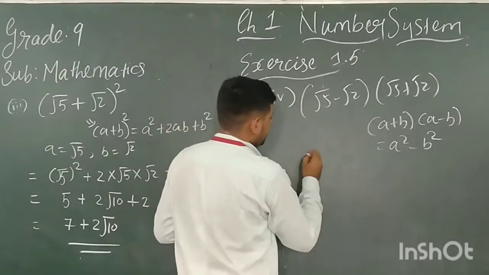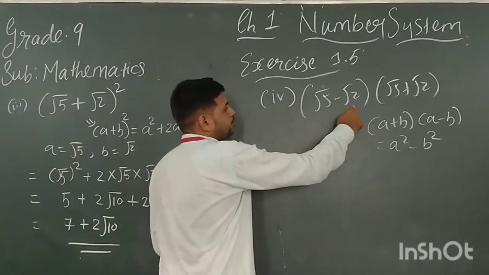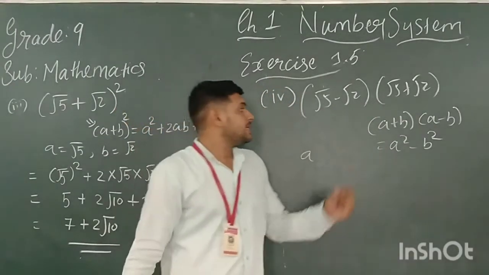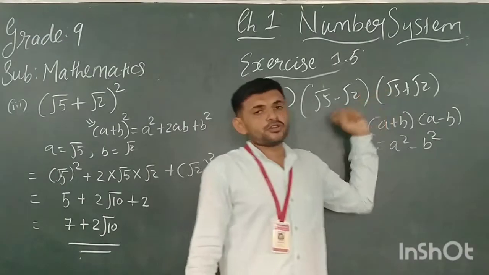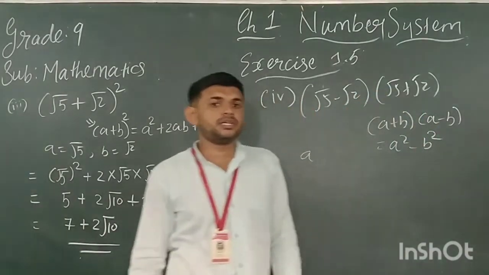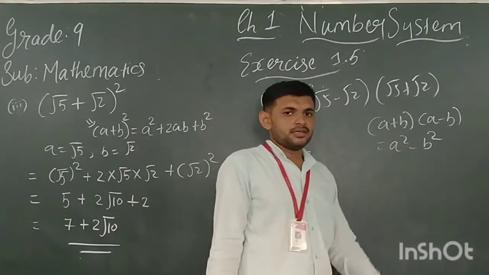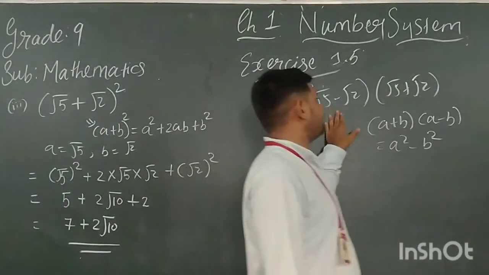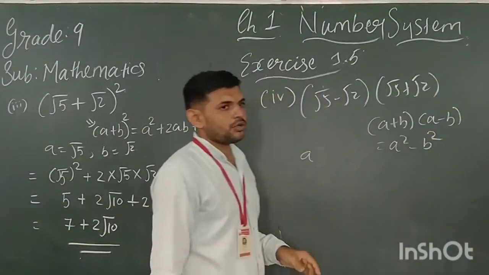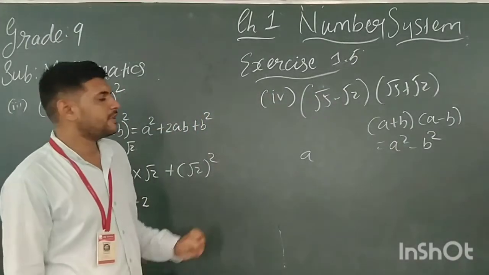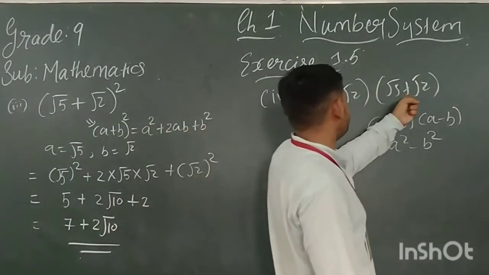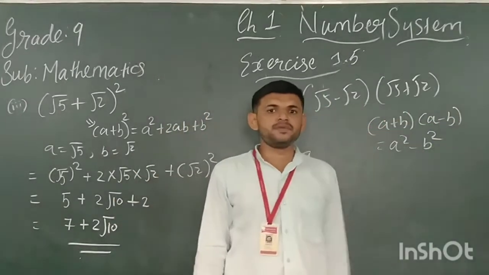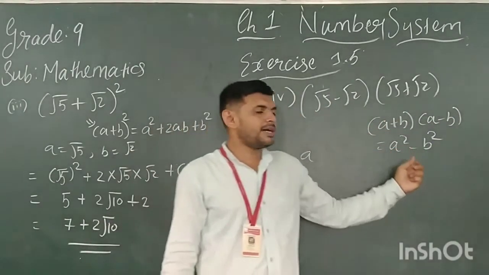How you have to identify the formula is, there is only a difference of sign in both the brackets, that is both a and b are common in both of them, root 5 and root 2. The only difference is the sign, minus and plus. So you can apply the formula (a plus b)(a minus b), which gives a square minus b square.